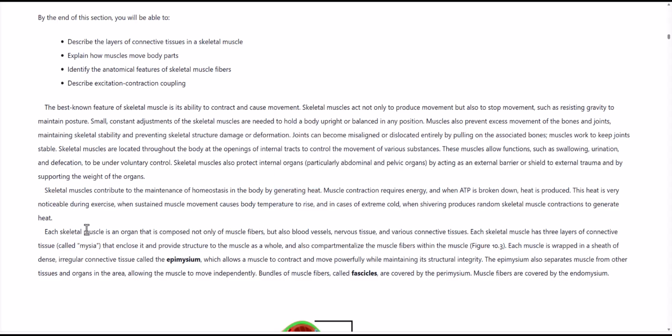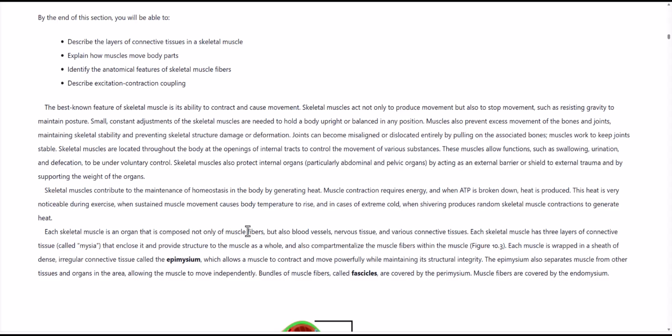Now, a skeletal muscle is an organ. It is made up of many, many, many muscle fibers or muscle cells. But of course, all of those muscle cells must have a direct connection to the blood supply and to the nervous signals that are generating the contraction and the excitability.